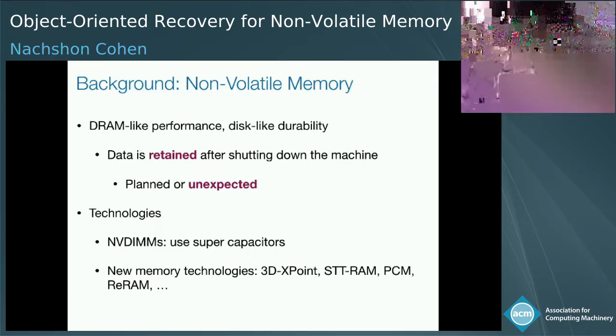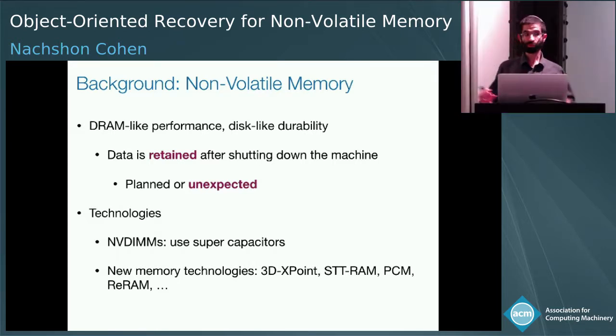So what is all this non-volatile memory? Non-volatile memory is a new type of memory that basically offers DRAM-like performance. It allows byte-granularity access, but it also supports disk-like durability. Anything that's written into this memory is kept, even after shutting down the machine, whether it was planned or even unexpected.